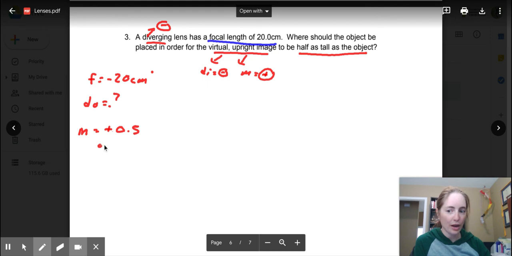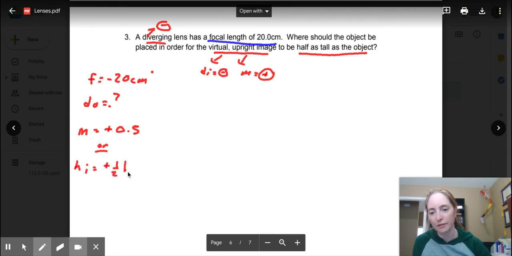We also have another piece of information here that we could also use. Our height of the image is going to equal positive 1/2 of the height of the object. So that's what it could also mean.